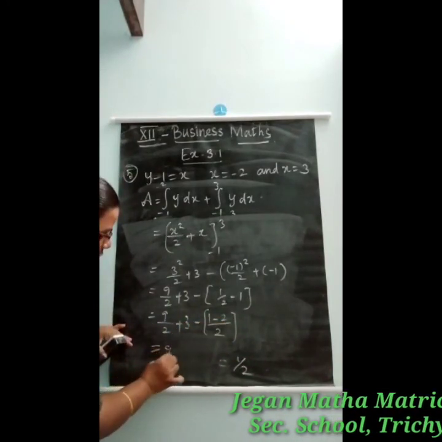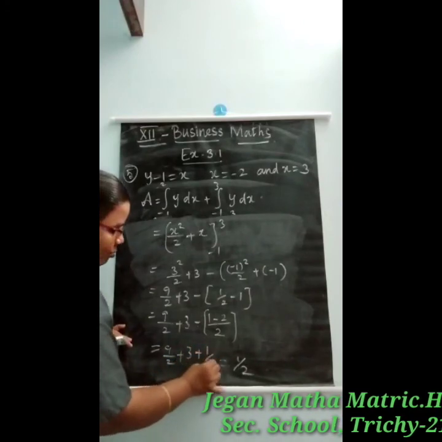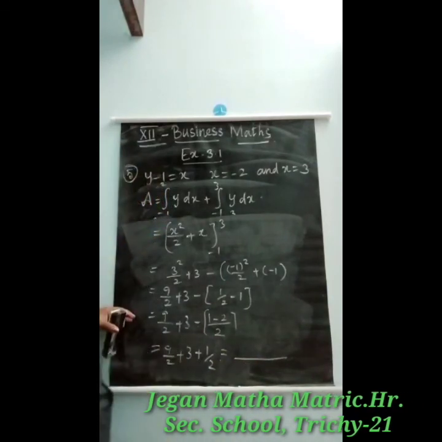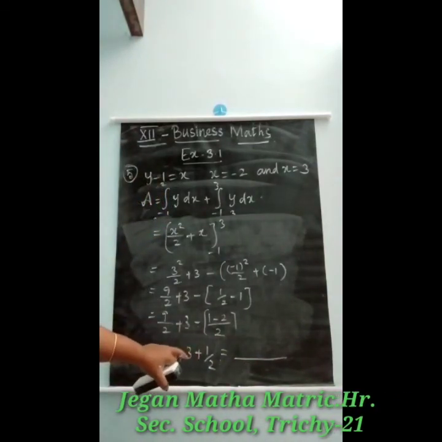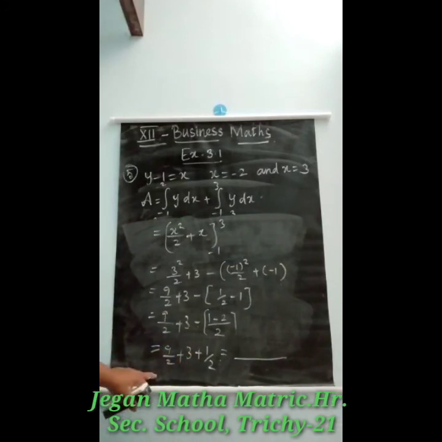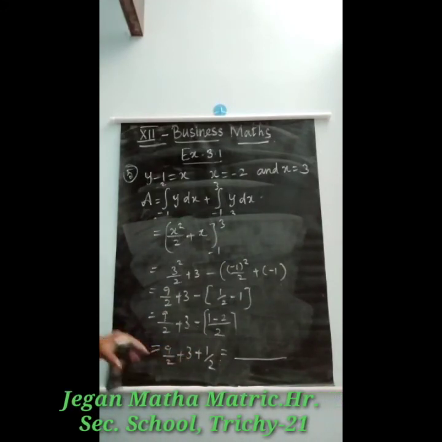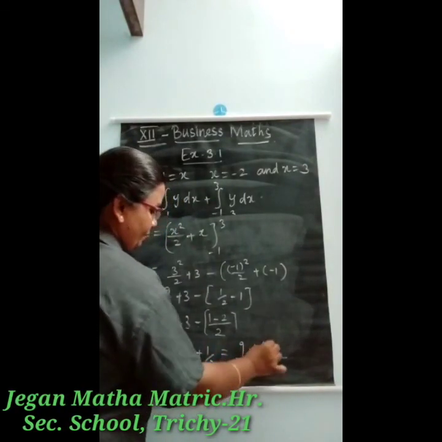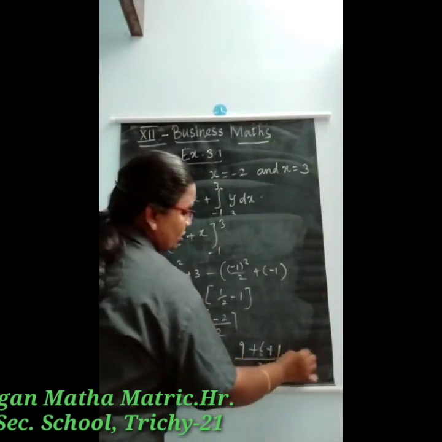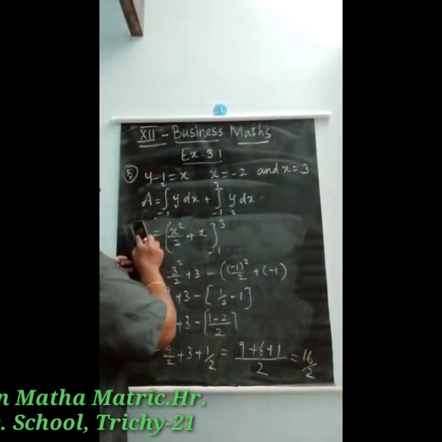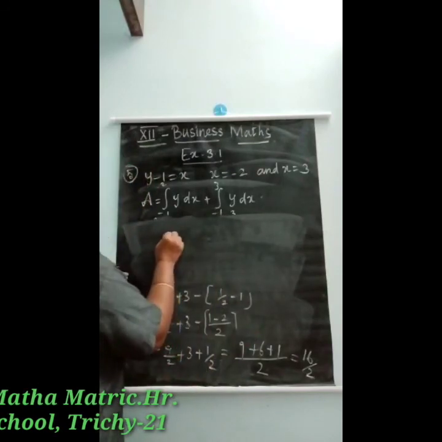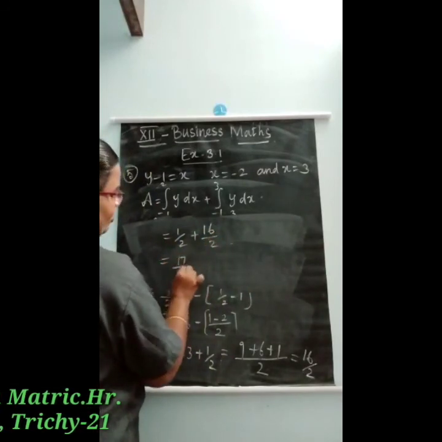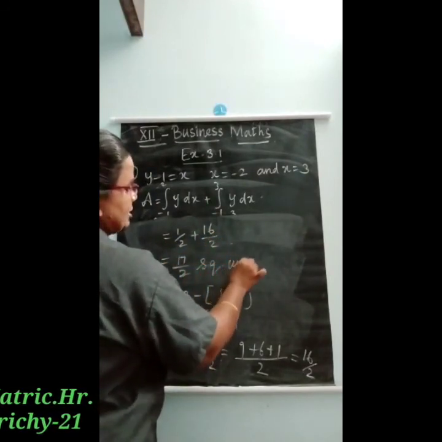So that is equal to 9 by 2 plus 3 plus 1 by 2. Again 2 is the LCM, here 9, and 3 twos are 6, plus 1, so 9 plus 6 plus 1 is 16, so that is equal to 16 by 2. Already we found the first one, so we get 1 by 2 plus 16 by 2, so that is equal to 17 by 2 square units.